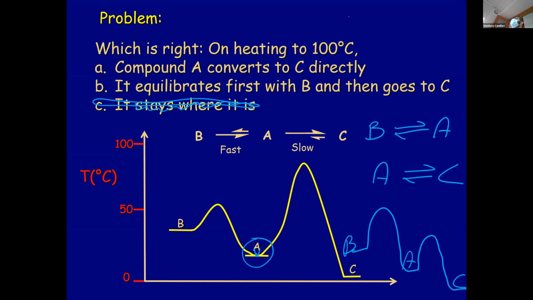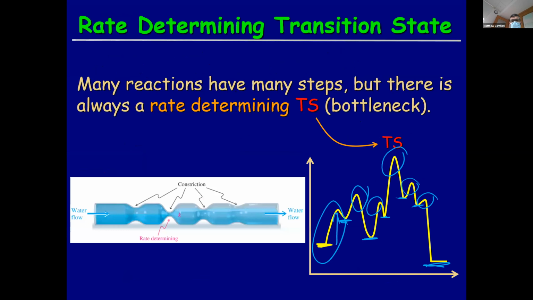So the question is, if there's a reaction where you go from B to C, would A be a transition state? No, it's still an intermediate. Because an intermediate, you can cool it and it stops.